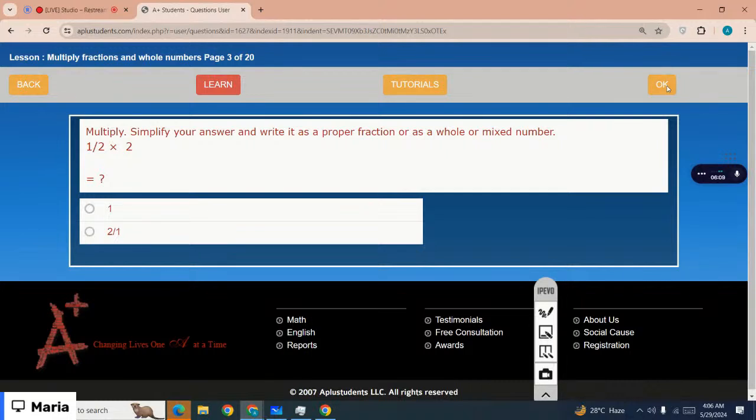So which is the correct option? That is 1. The correct option is 1.